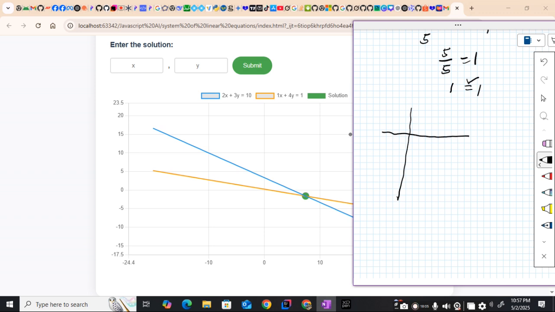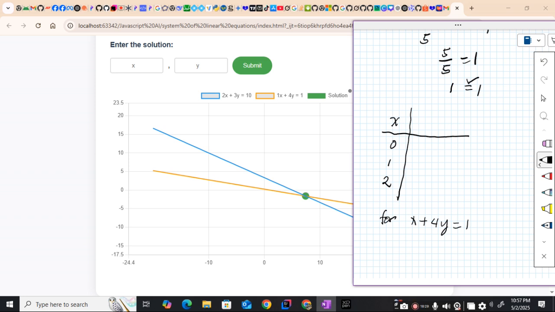For example, this one: x plus 4y equals 1. We can assign values for x, such as 0, 1, 2.